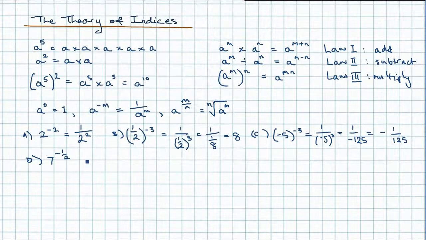Well, that would simply be, again, deal with this negative first. 1 over 7 to the power half. And we know that to the power half means square root. So we end up with 1 over the square root of 7.